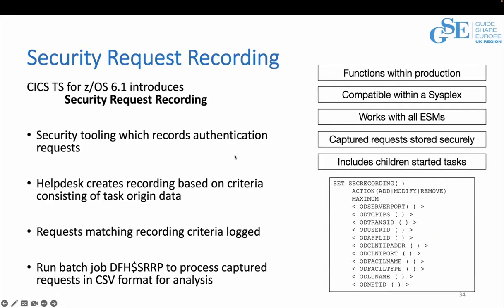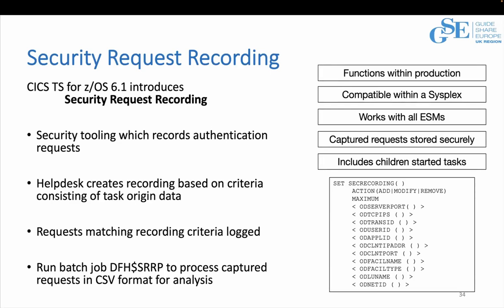So in CICS 6.1, we have introduced security request recording. And what this is, it's a tooling which allows us to record authentication requests based on a criteria. So our help desk persona that we just spoke about in the previous slide will create a recording with the SPI that we provided based on a criteria which consists of task origin data.